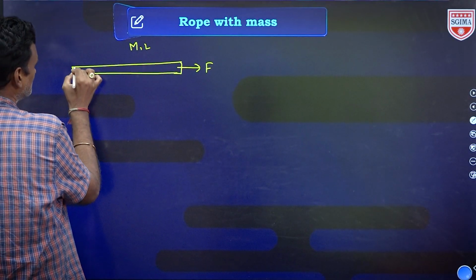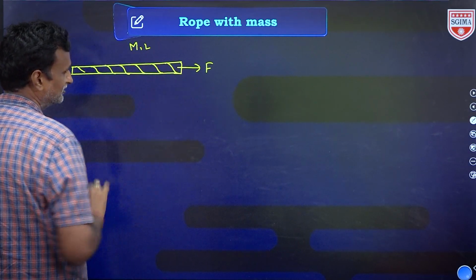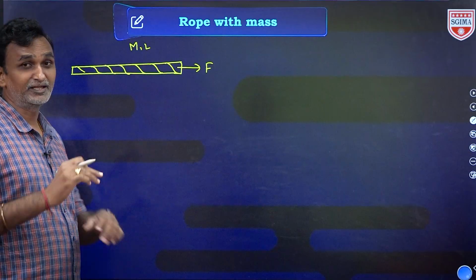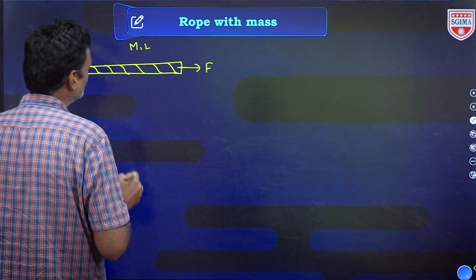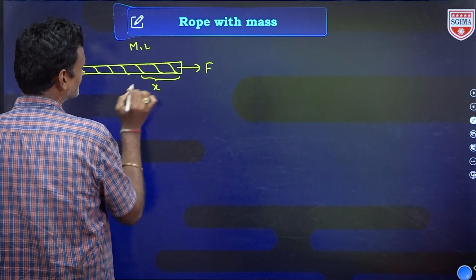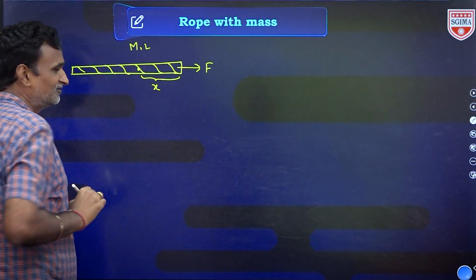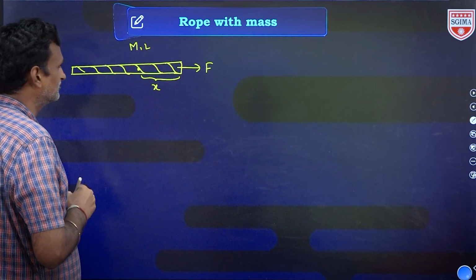It is a rope actually, and they can ask you the tension at any point of the string. You can assume that from here at distance x, at this point they will ask what is the tension. We will solve the question.